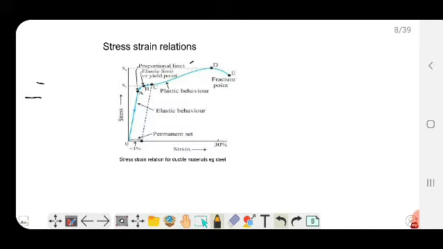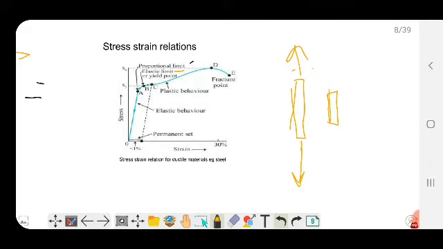We are applying some tensile force on this steel rod, and on releasing this force, it will be moving back to its original size. This is an observation we will be seeing while applying tensile stress on a steel rod, and this is only up to a particular limit, that is elastic limit or yield point.